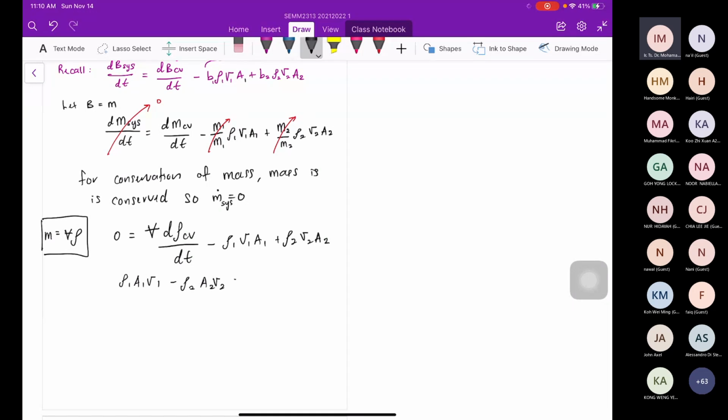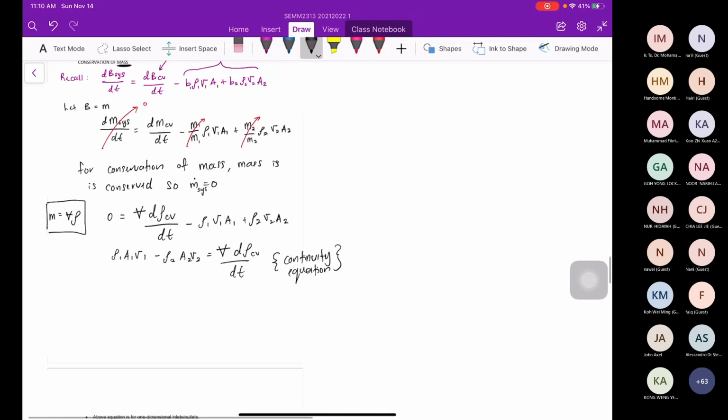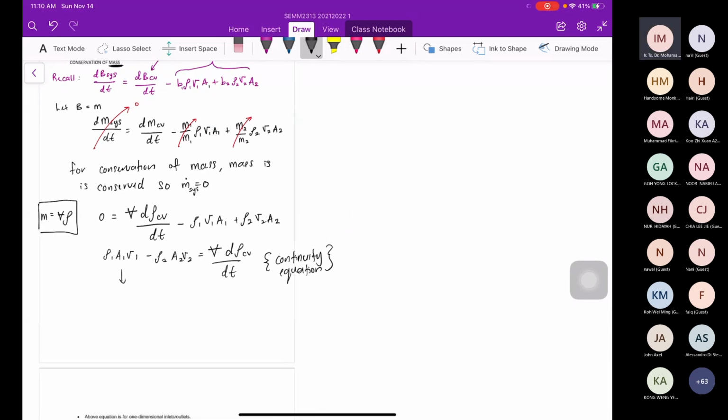Rho A2 V2 equals this one, V d rho CV over dt. And this we call the continuity equation. This is the inflow and this is the outflow.